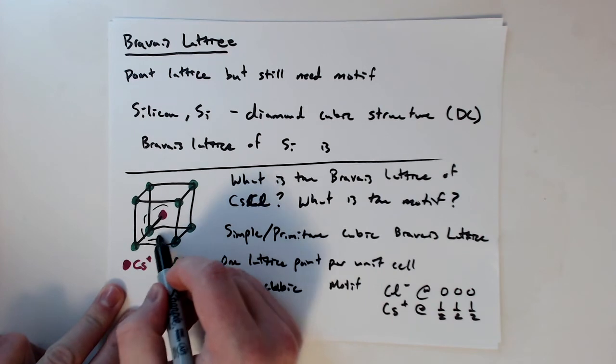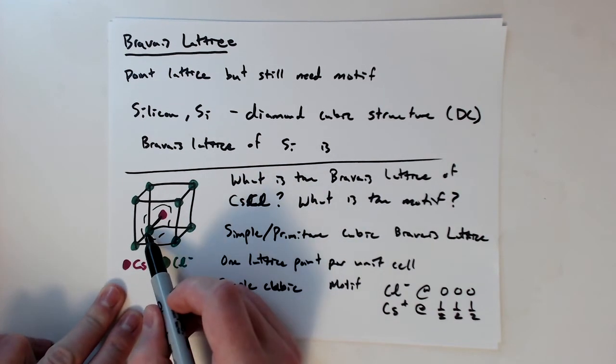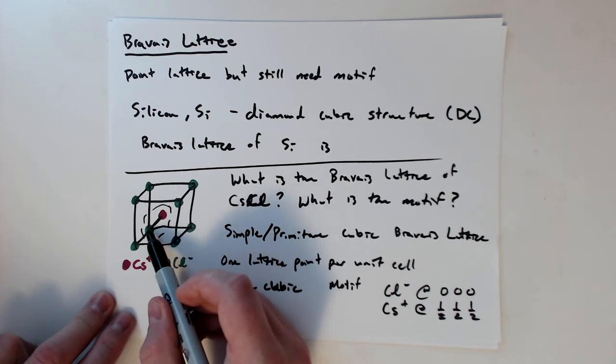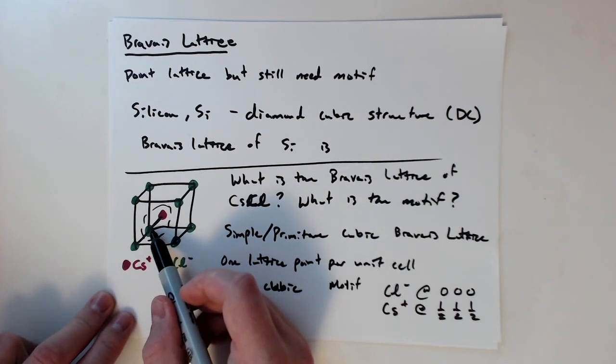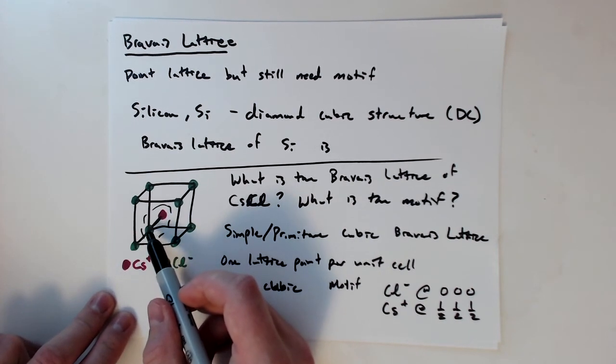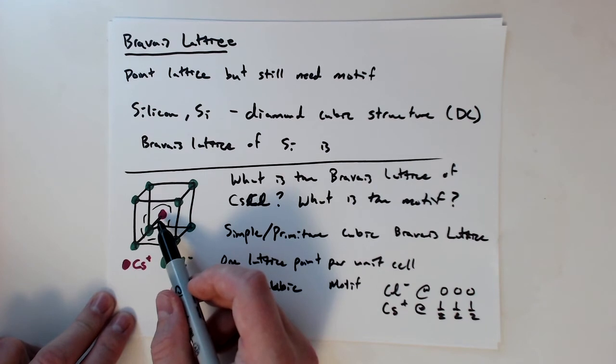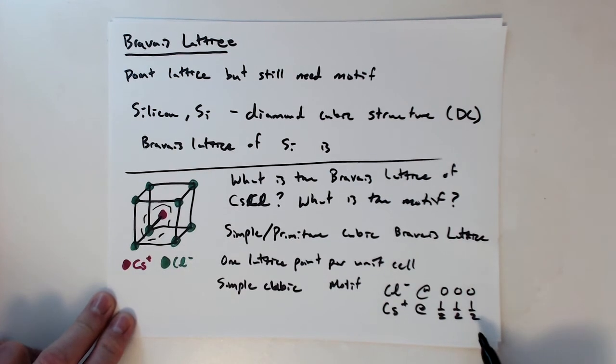So this combination of atoms is our motif. We can build up the cesium chloride structure by thinking about one chlorine at each lattice point, and then another one associated with that point, but separated by a vector 1/2, 1/2, 1/2, right?